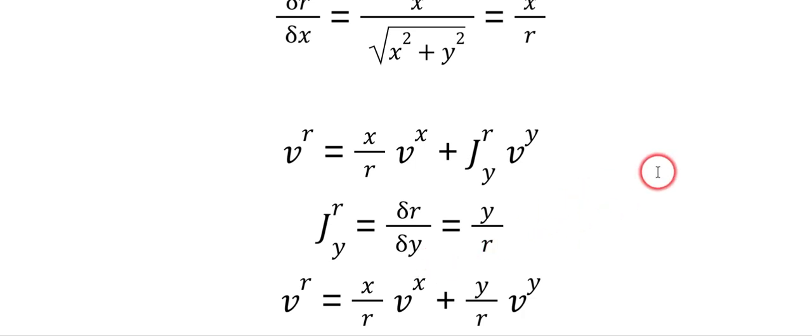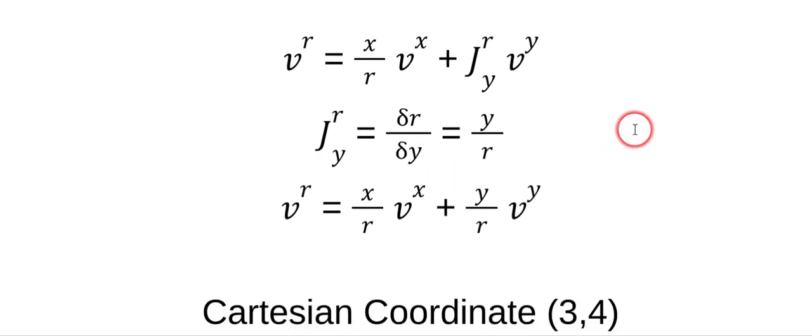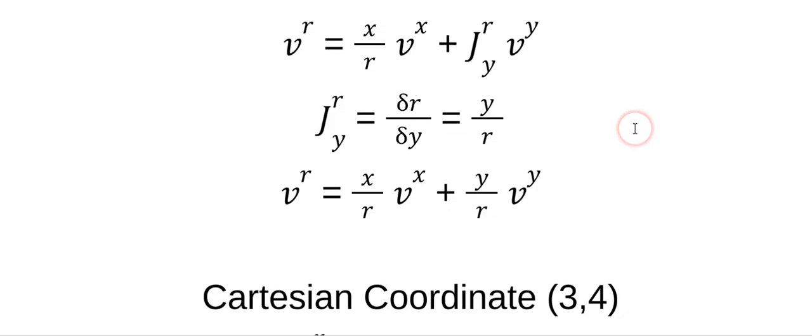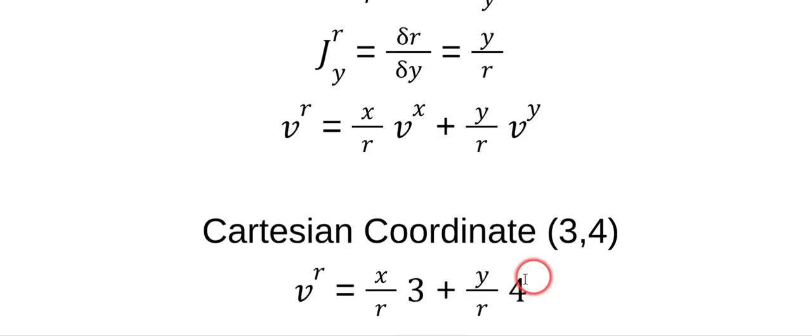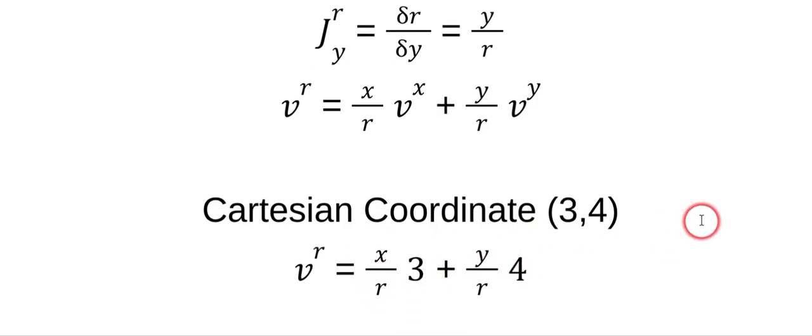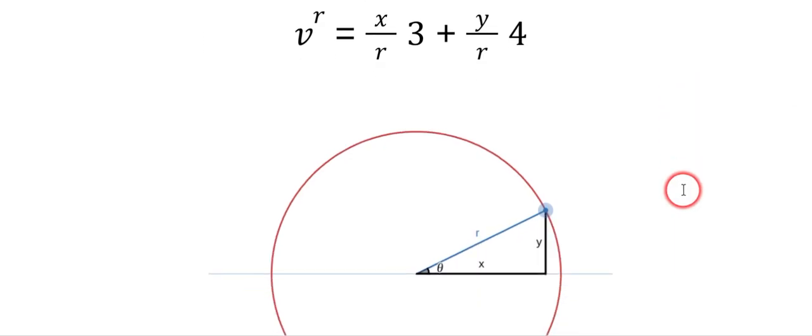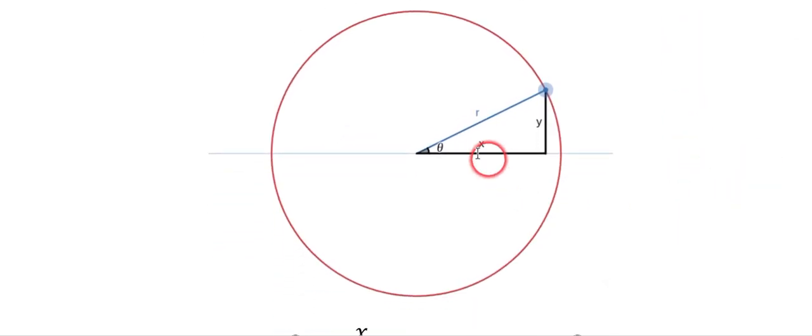All right, so now let's make up a Cartesian coordinate. I chose 3 comma 4. All right, so we put that in. Now what is x and y? Let's go back to our drawing, okay? So the cosine of this angle is equal to x, the adjacent over the hypotenuse, x over r.